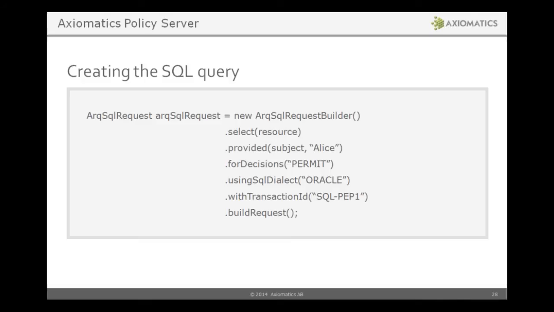And I want the SQL output in the form of Oracle dialect. Here you can specify whatever database dialect you want. We support many dialects. If you provide Oracle, then the SQL produced is compatible with the Oracle database. If you provide SQL Server, then it is compatible with SQL Server. The transaction ID is useful for auditing and logging purposes.